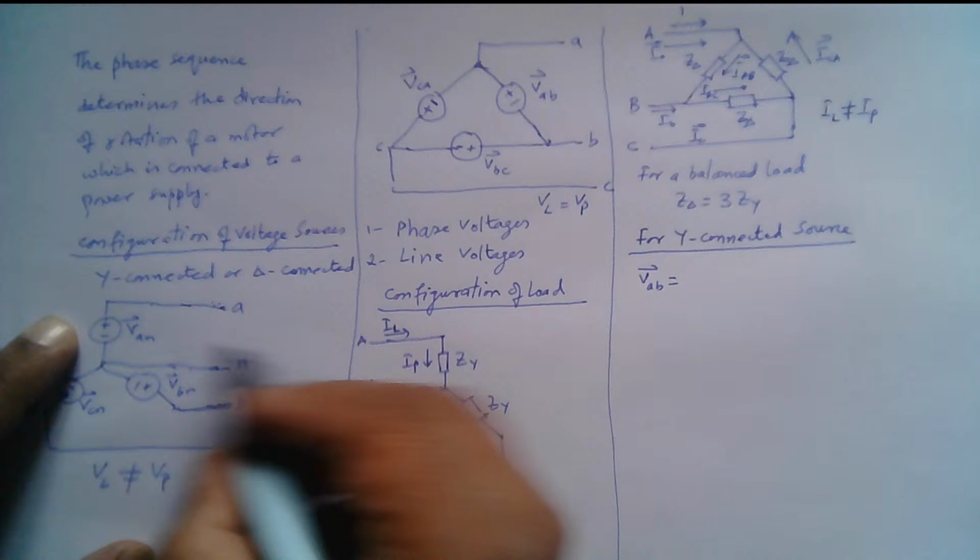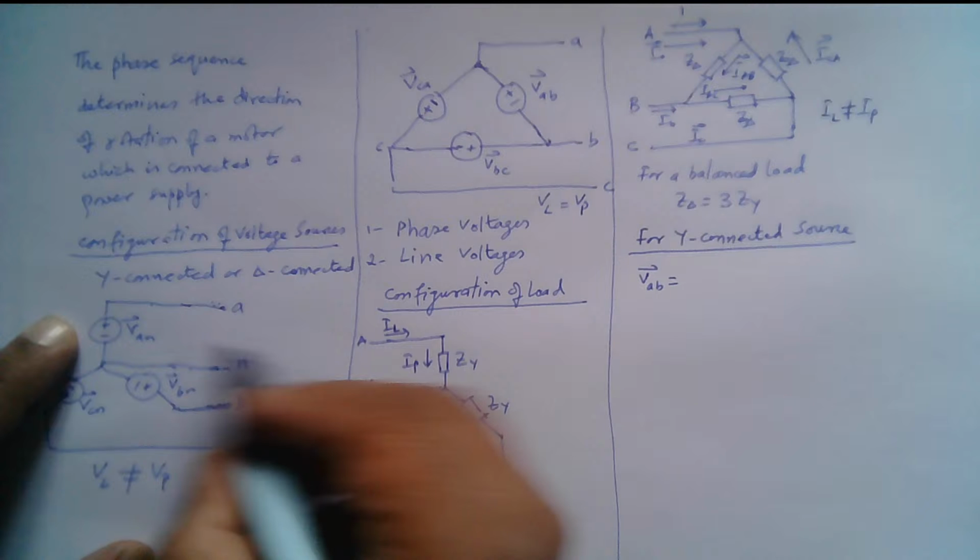And if we assume the positive phase sequence, then we know that VAN is equal to VP angle 0 degrees, VBN is equal to VP angle minus 120 degrees, and VCN is equal to VP angle plus 120 degrees.